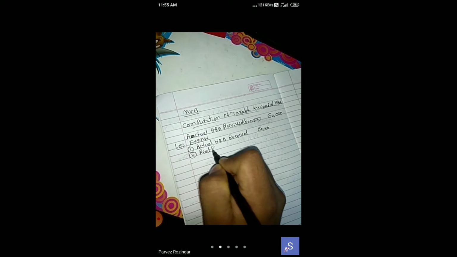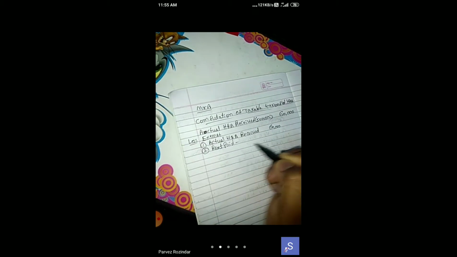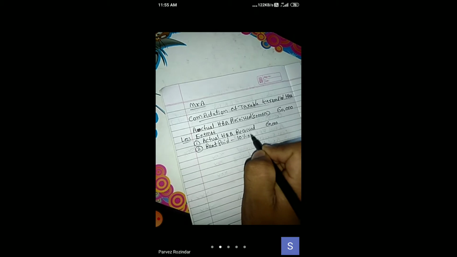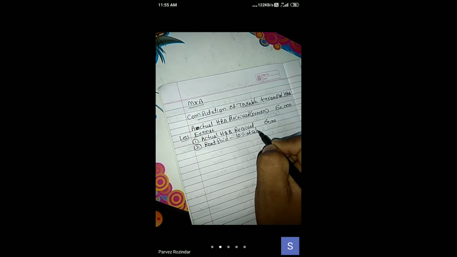Rent paid minus 10% of salary. So rent paid minus 10% of salary we need to calculate. How much is the rent paid under Mr. A's situation? See, the rent paid is 1,500 rupees, right? 1,500 rupees.